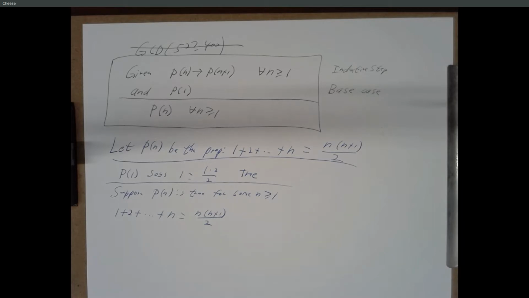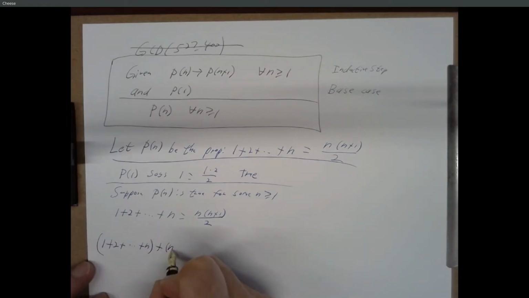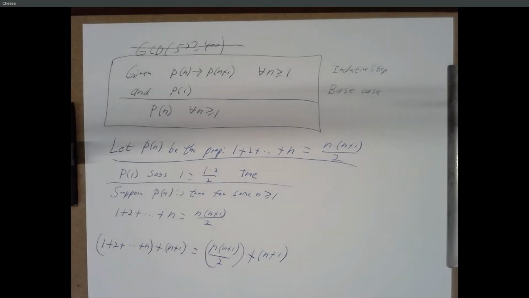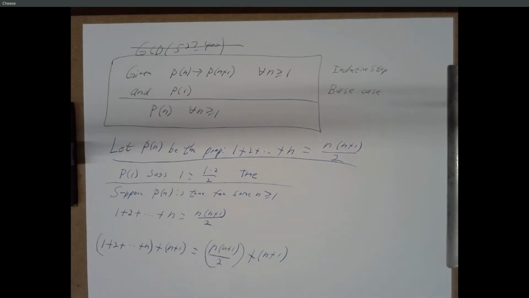Equality still holds, right? So here's what I'm going to do. I'm just going to take the left side, and I'm going to add n plus 1. And I'm going to take the right side, and I'm also going to add n plus 1. And does everybody agree that those two things must still be equal to each other? Right? As long as these things were equal, which was our assumption, these have got to be equal.